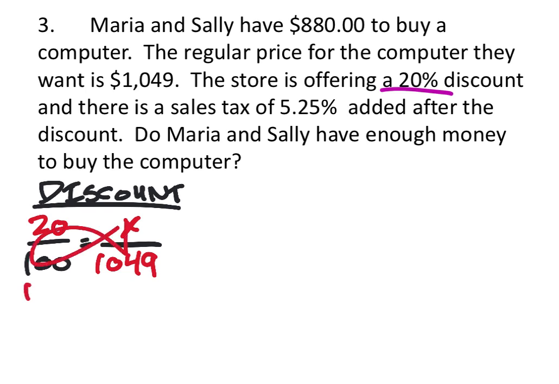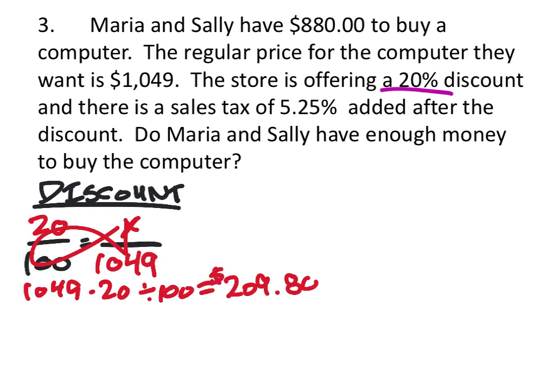So that'd be 1,049 times 20 divided by 100. And yeah, I'm going to use my calculator to put that in. 1,049 times 20 divided by 100 equals $209.80 is what I get. Okay, so that's one way to find the amount the discount is.